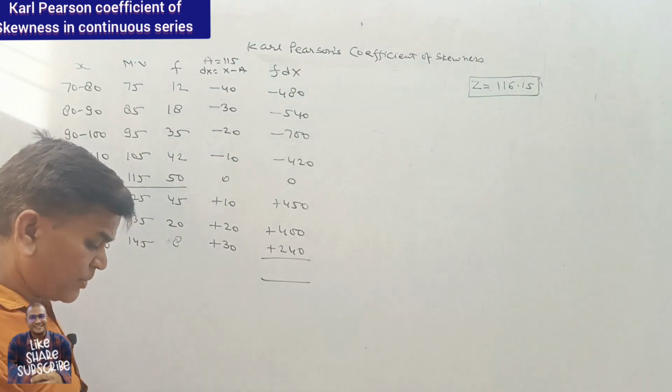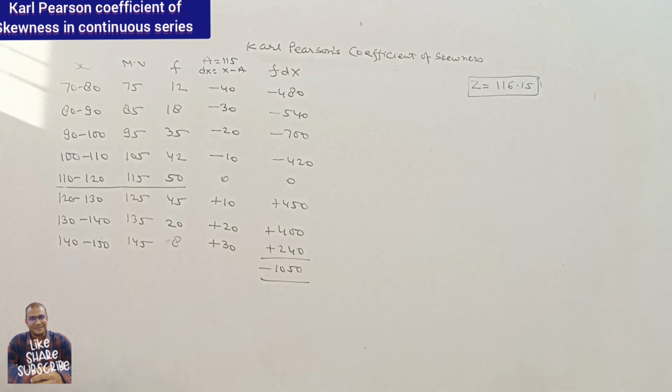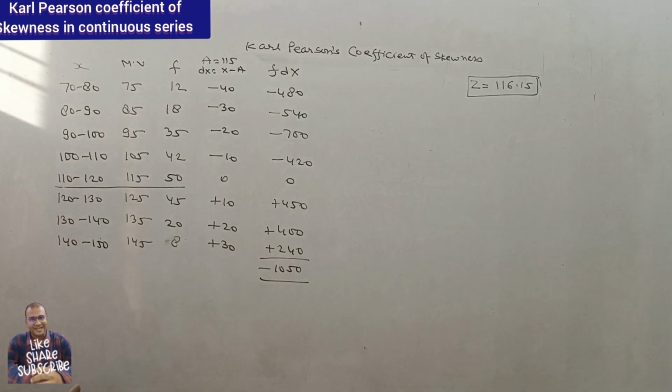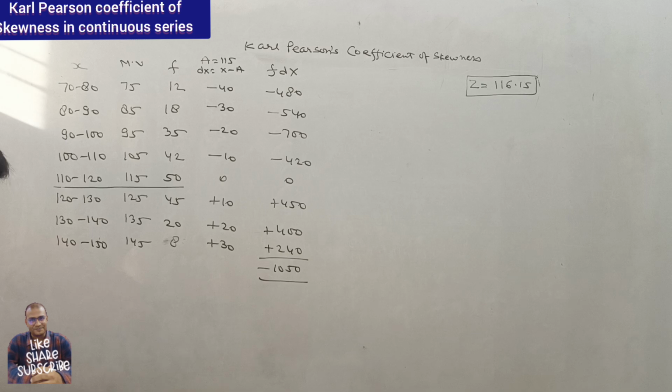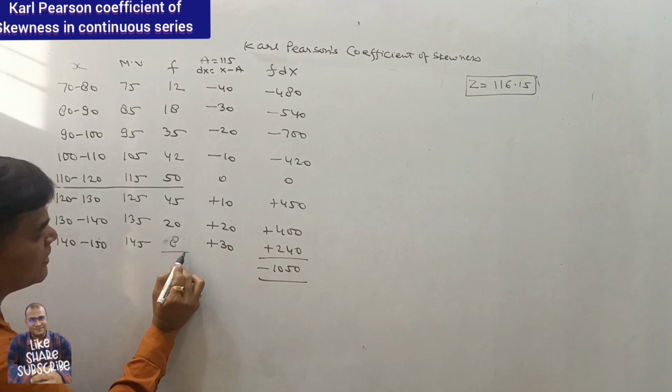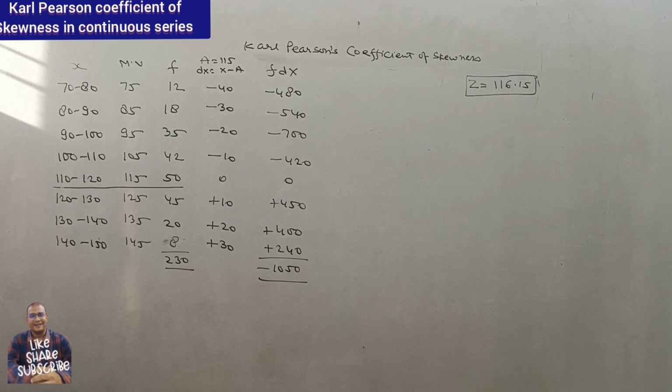So the addition of these is minus 1050. For that we also require the sum of frequencies: 12 plus 18 plus 35 plus 42 plus 50 plus 45 plus 20 plus 8, which is 230. So the sum of f is 230 and the sum of fdx is minus 1050.